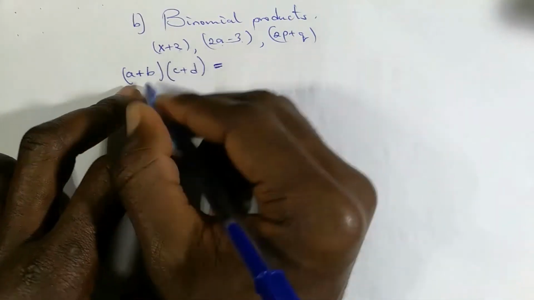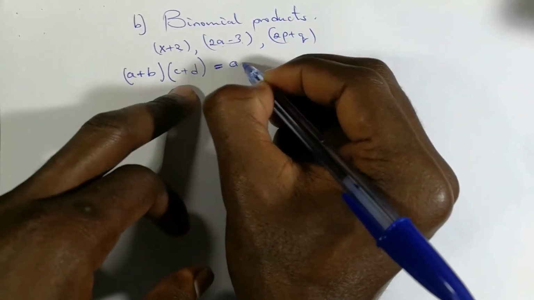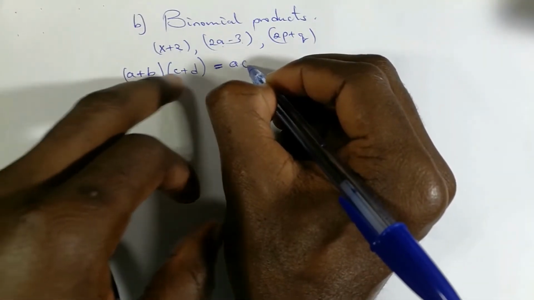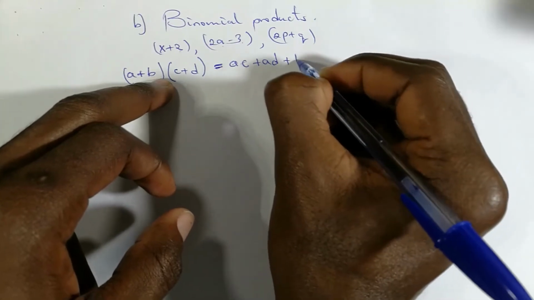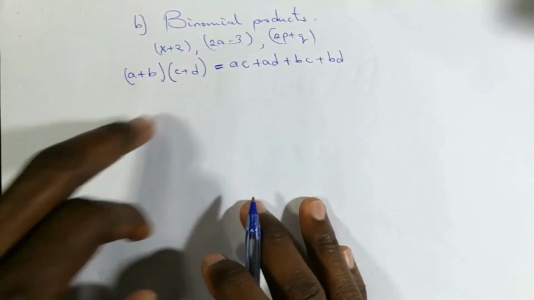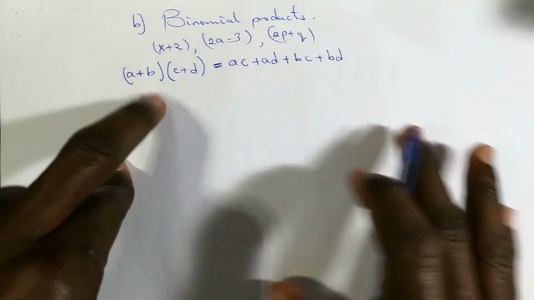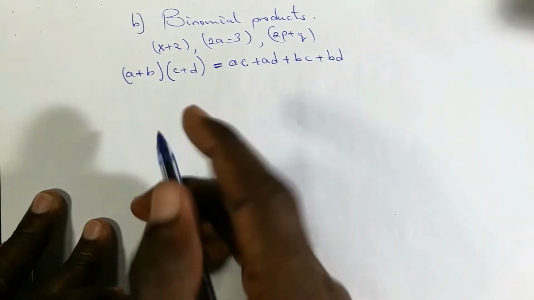After proving, we will realize that this will multiply each term. The result will be AC plus AD plus BC plus BD, and that's basically how we're going to see how we can come to that from the figure below.